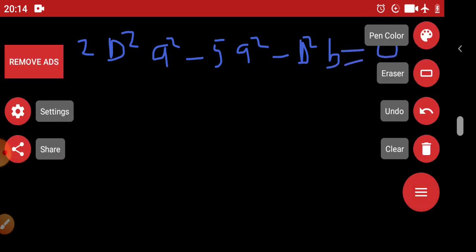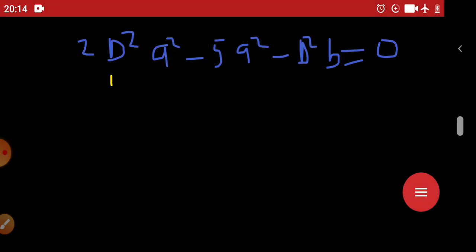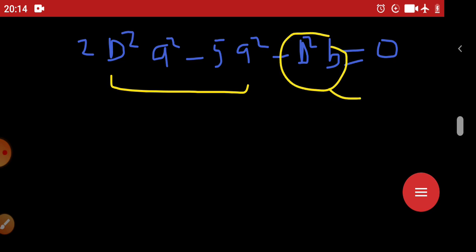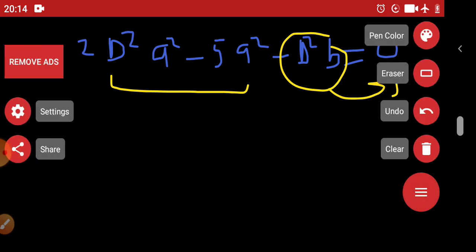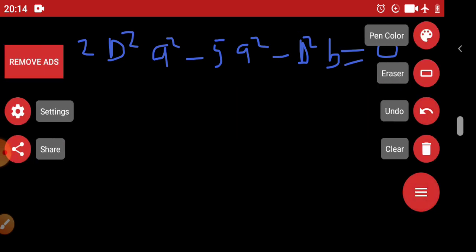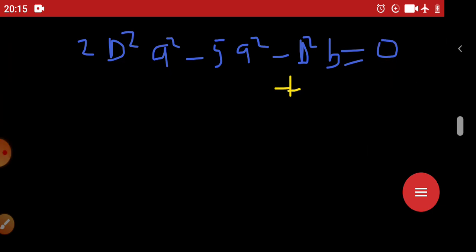So before we even sort this part, let's take this part to that side. How do we do that? Here it's subtraction, so the opposite of it will be adding. So we need to add d squared b both sides, so that this will be 0.